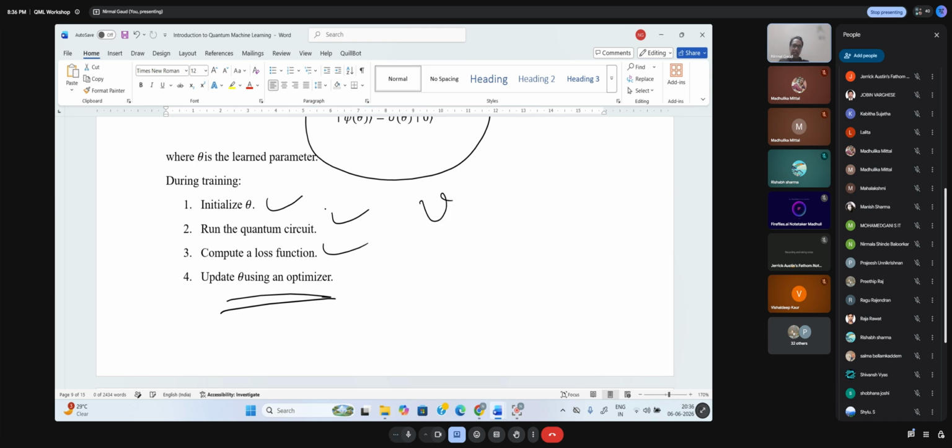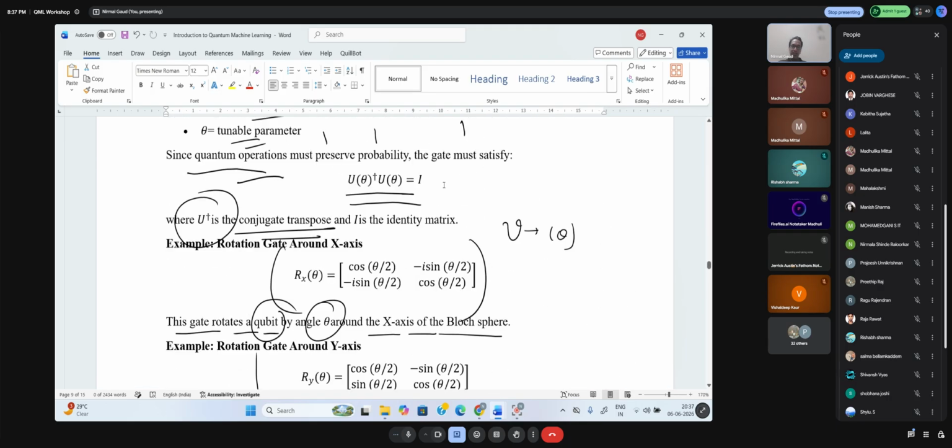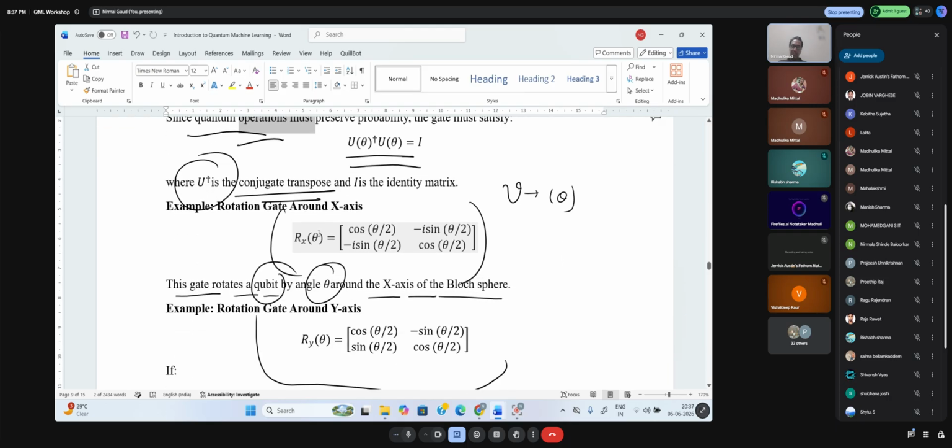Here is a function called the U unitary circuit, which has a parameter theta, and this unitary circuit follows the property we have seen, that U theta transpose U theta is an identity matrix. This unitary circuit has an operation which we have defined here as rotation about the x-axis or y-axis.